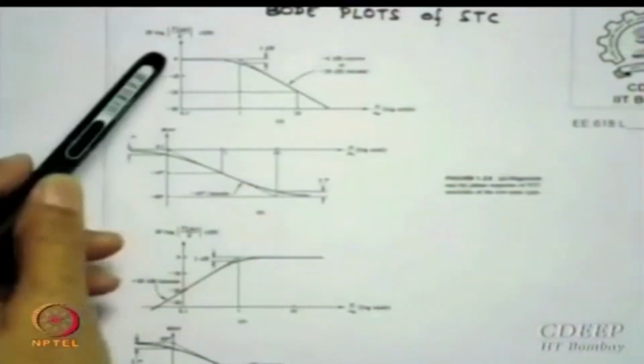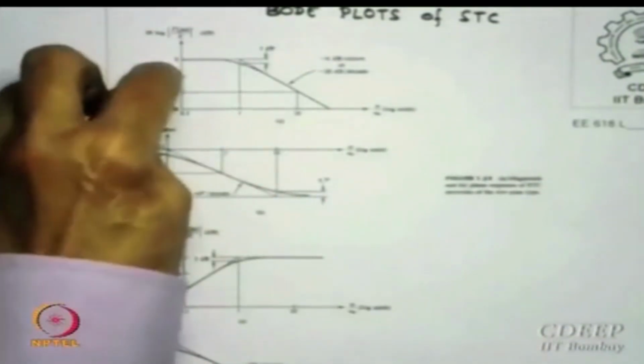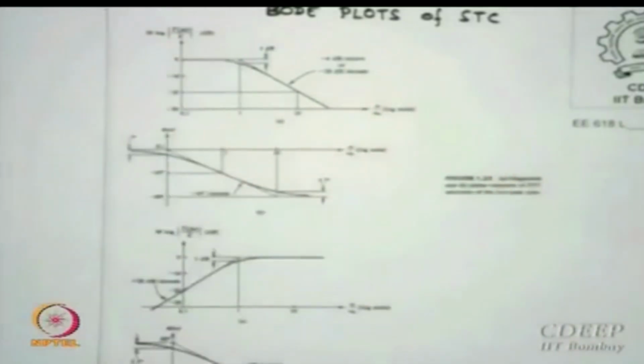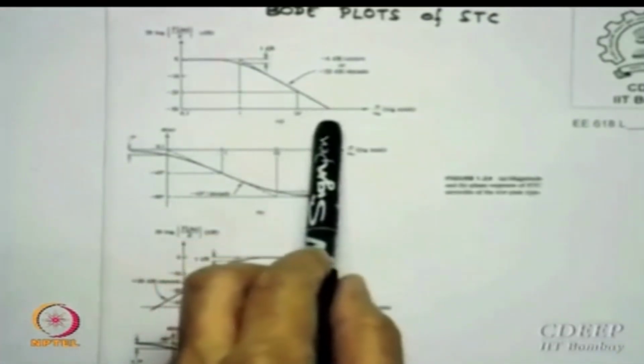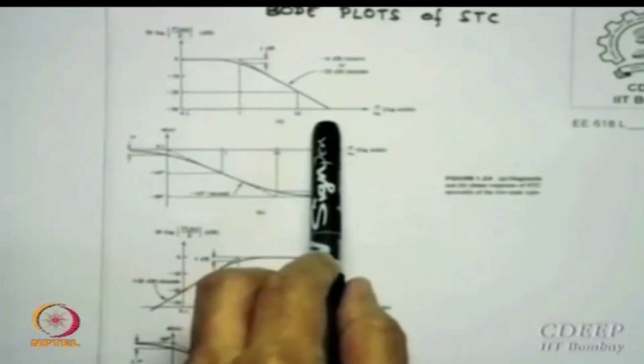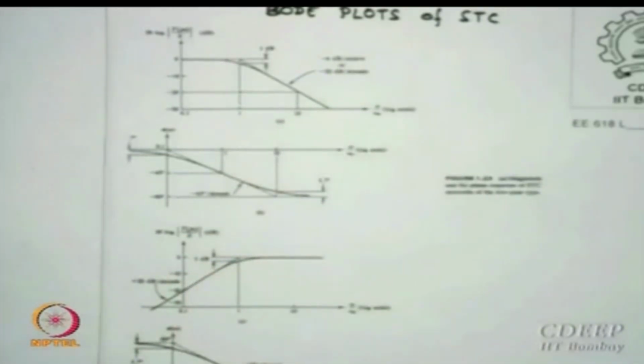But let us say this has some function K, it would have been some positive dBs, and then it would have crossed the 0 dB line essentially when unity gain is observed, and below unity gain means there is no gain really, there is attenuation going on. So this point was very important in the case of normal transfer functions of an amplifier. What will be that point? Gain bandwidth point. Okay, so that's a very important point for us to know up to where gain is possible.